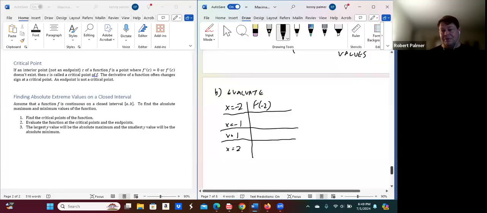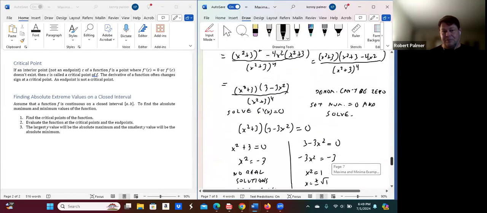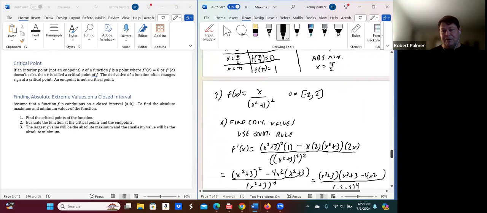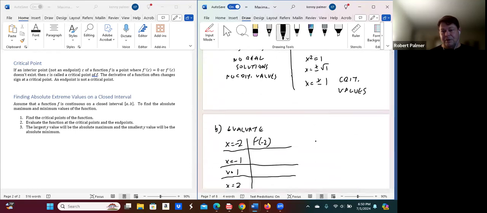Our function starts off as x over x squared plus 3, squared. So f of negative 2 is negative 2 over 4 plus 3, which is 7, squared, is 49.